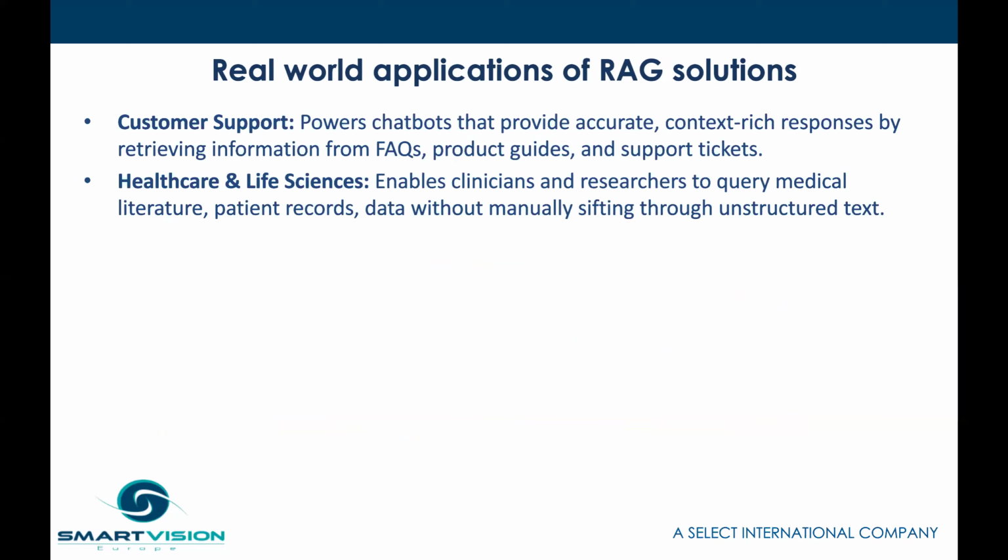Or healthcare and life sciences, where you have a corpus or a large collection of data related to medical literature, research, might be patient records, and without having to go through a query tool, filter, or manually sift through them, you can actually use a conversational query tool like you would with these chatbots to interrogate that and get it to link information together for you.